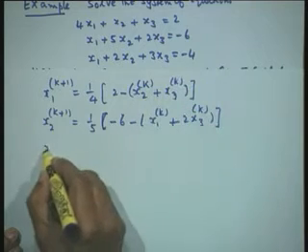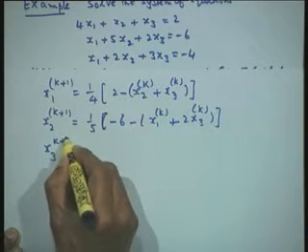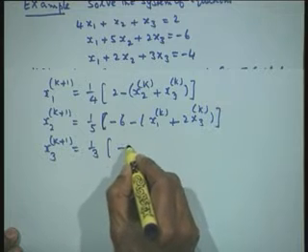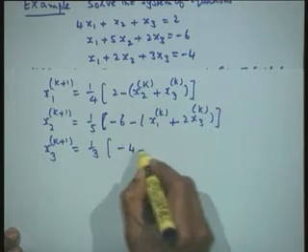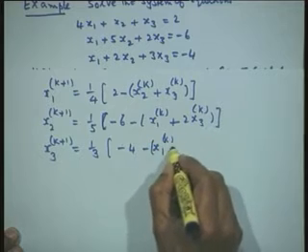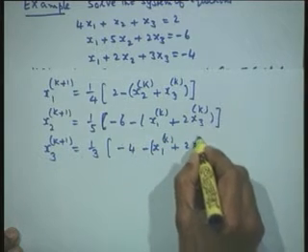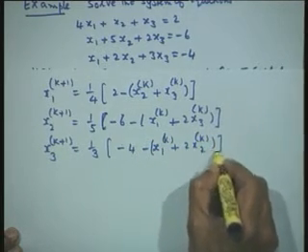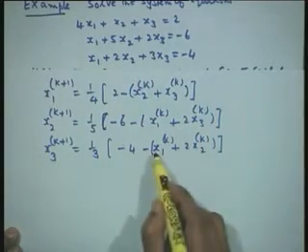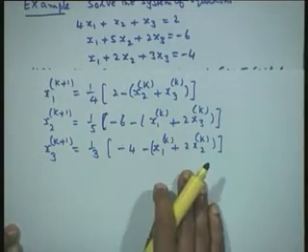From the third equation we will have x 3 k plus 1 is 1 upon 3 times minus 4 minus x 1 of k plus twice x 2 of k. Both x 1 and x 2 are taken to the right hand side.